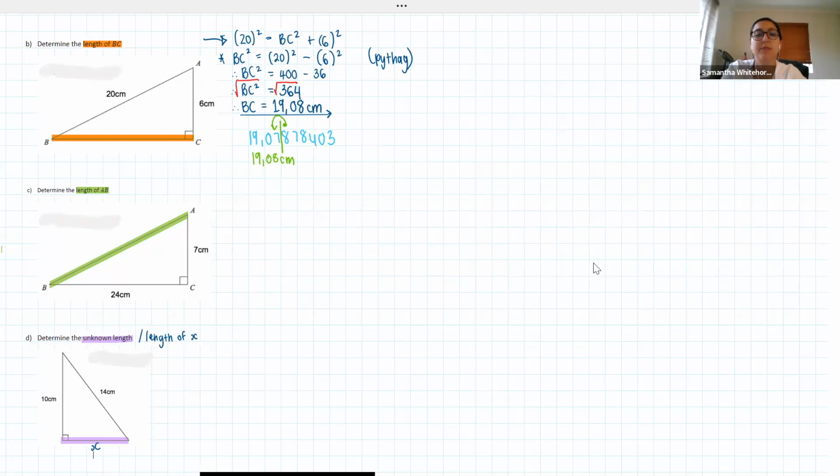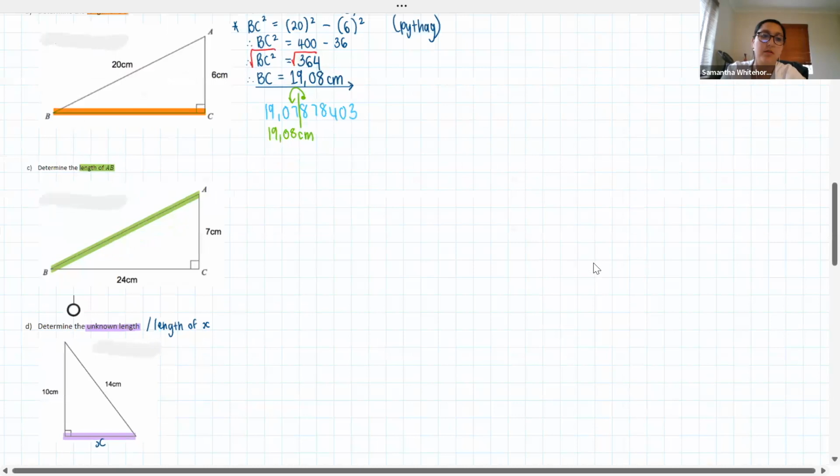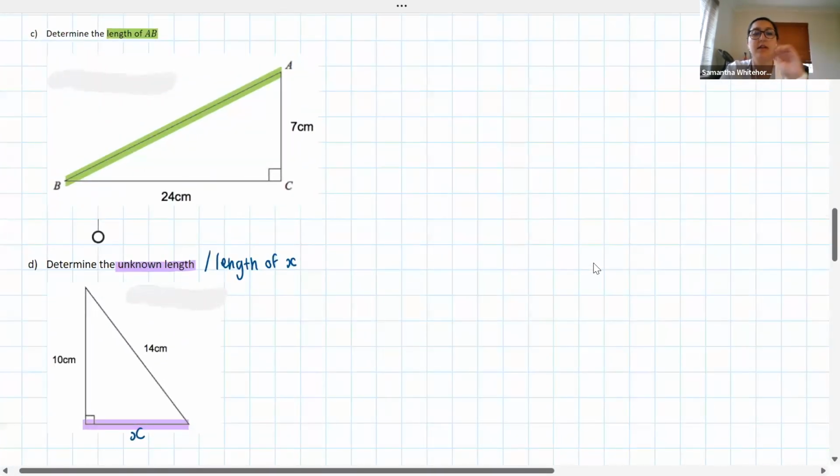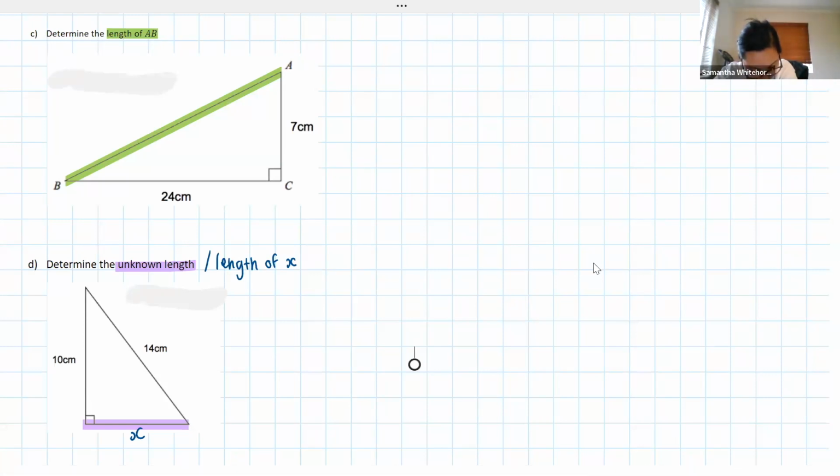And guys, please number your questions like Lubanzi has put there on the chat, and Nondeka. C answer, D answer, just so that we know which is which. Okay, so there's C and D again, just a little bit bigger. Remember your reasons. Remember that whenever you're solving for an unknown length, so whenever you need to find the side length, you are going to have to square root. So always have that in the back of your mind.